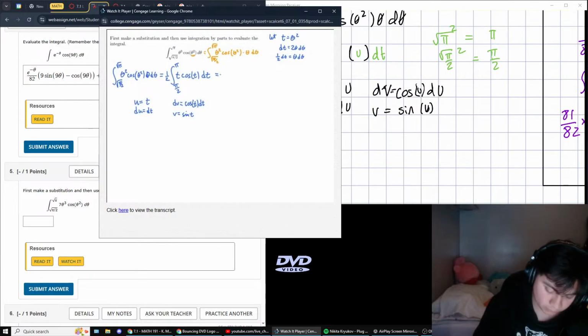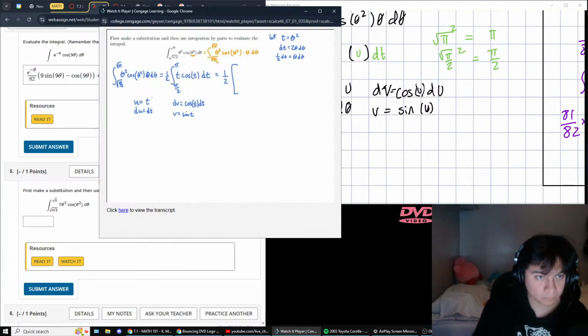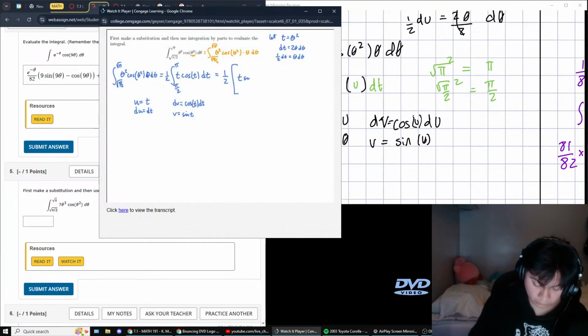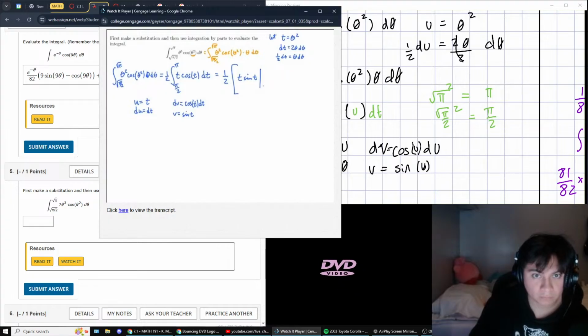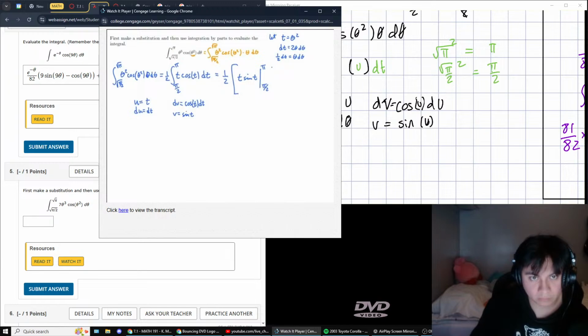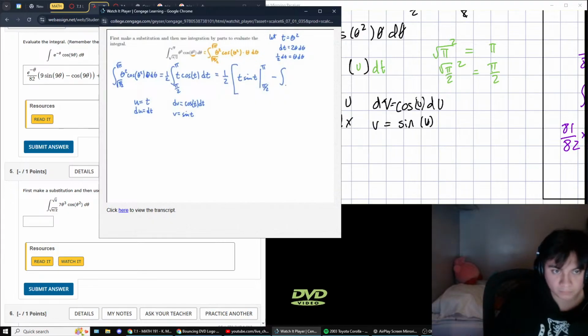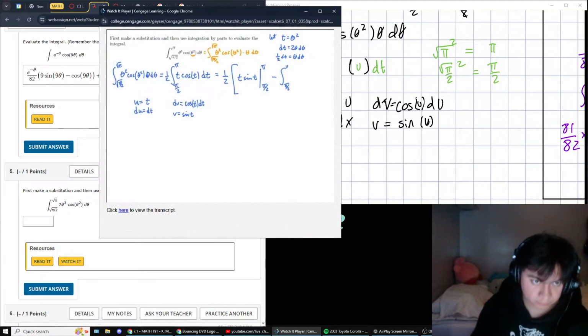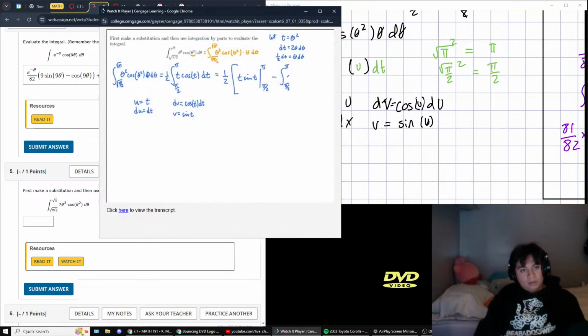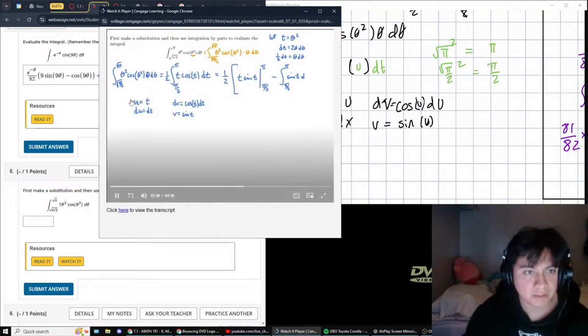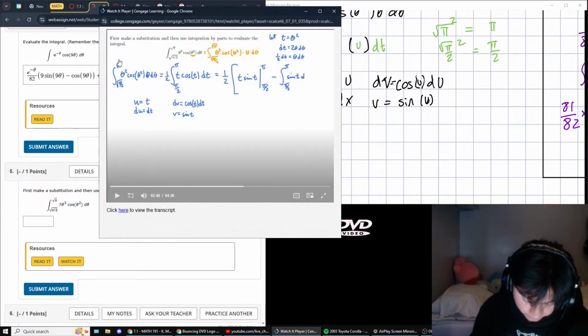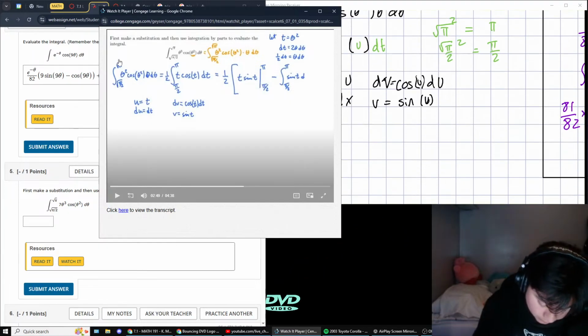So this definite integral becomes 1/2 times uv, so t sine of t, from pi over 2 to pi. Minus the integral from pi over 2 to pi of v du, sine of t. Okay, and because we're doing by parts of just that first section, we do 7 over 2.